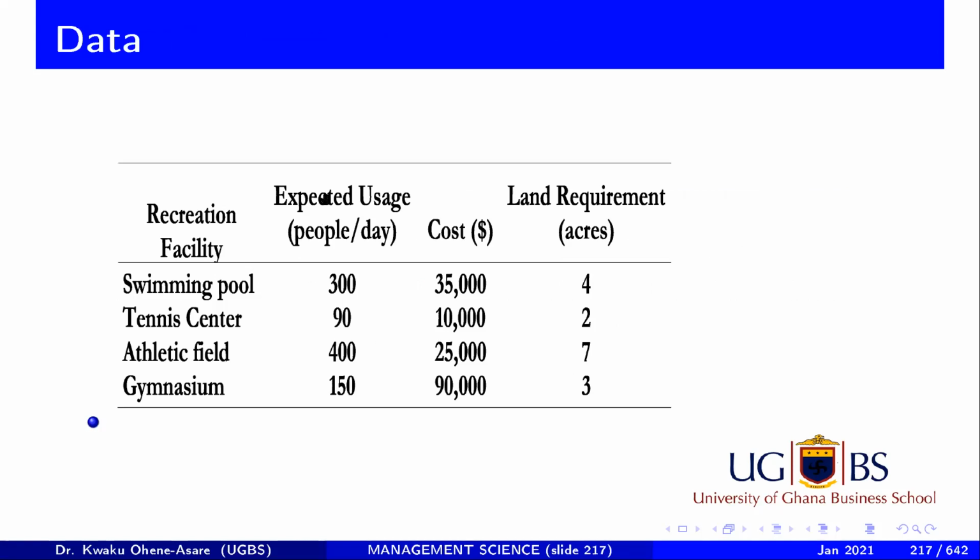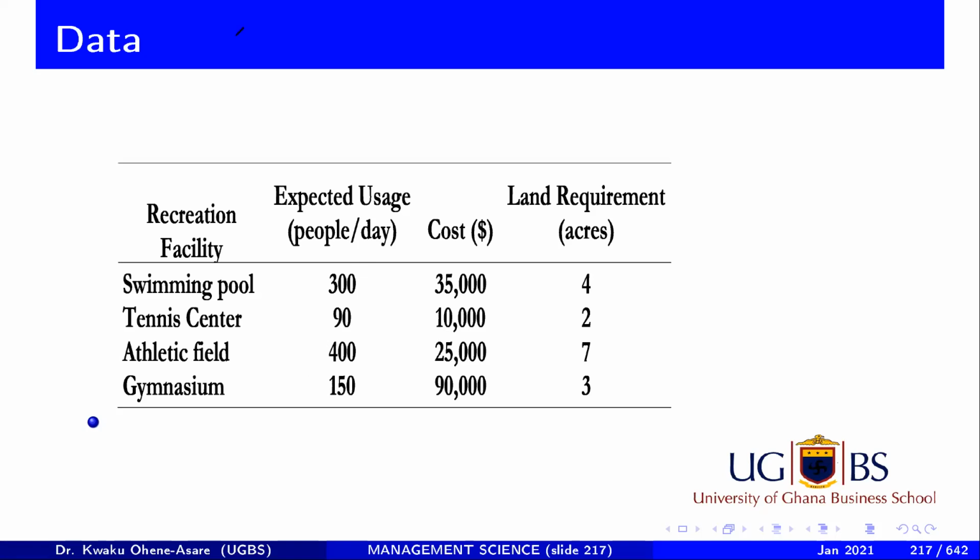So if you look at the second column here, you have expected usage, which means that the number of people who are expected to use the swimming pool is 300. The number of people expected to use the gymnasium is 150. So you have all of those right there. I hope you guys can see me.